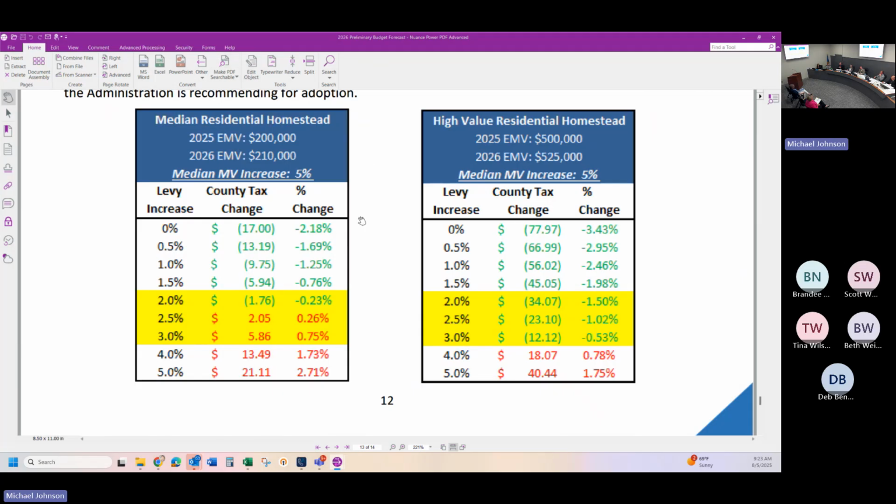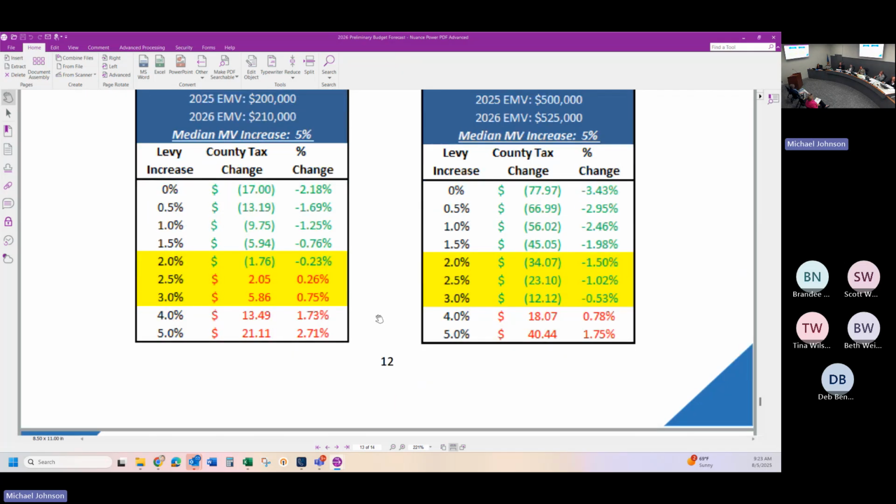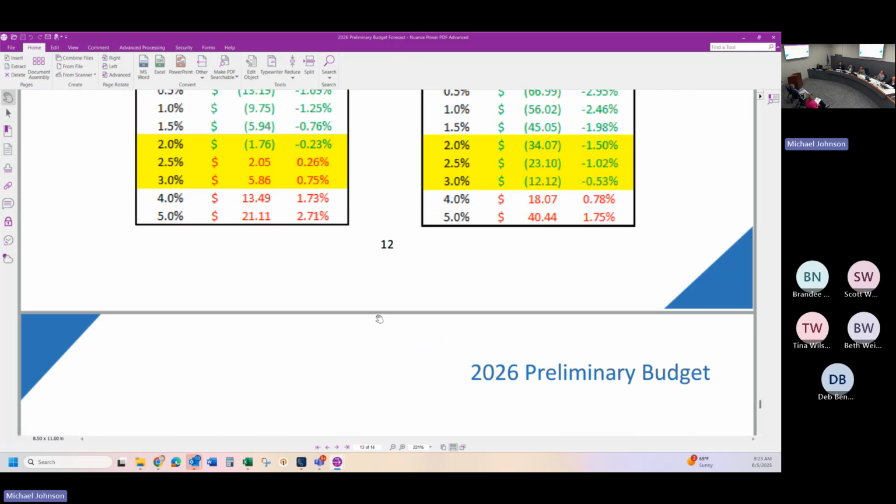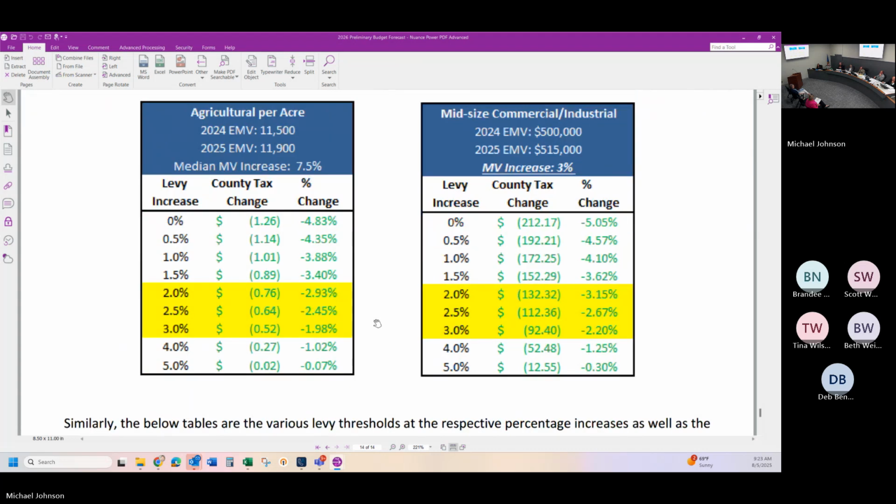What does a 2% levy increase mean in their respective ones? And those highlighted areas are kind of that recommended range of landing spot for levy. We'll delve into further. Per acre basis, and it's always an interesting talking point as well.